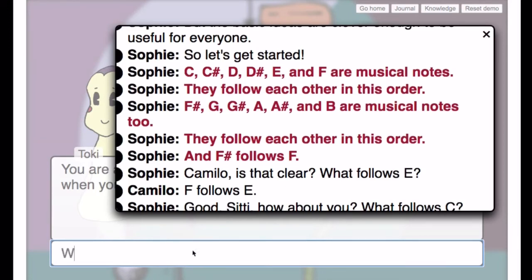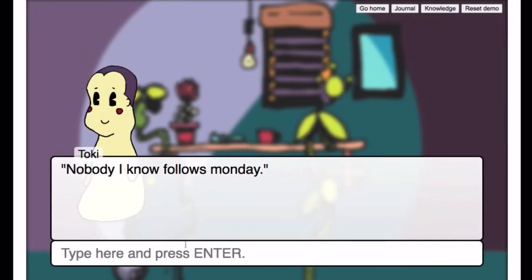So what follows Monday? Nobody I know follows Monday. So we will follow how Miss Yandu explained the musical intervals and base our solution on that. And yeah, this is pretty tricky and definitely not a task for the first day of school.